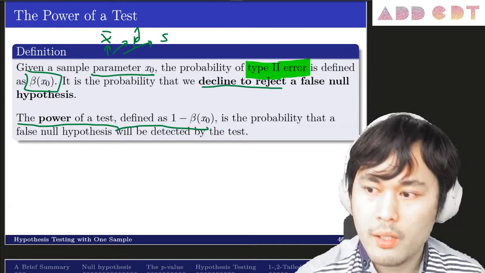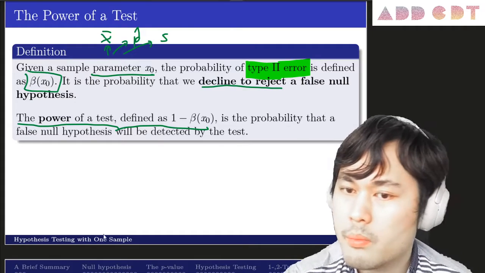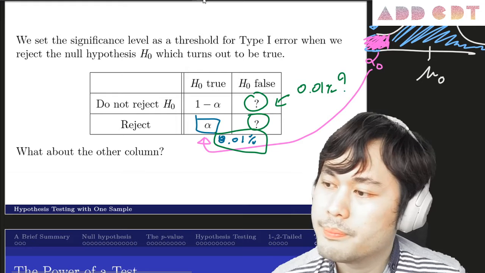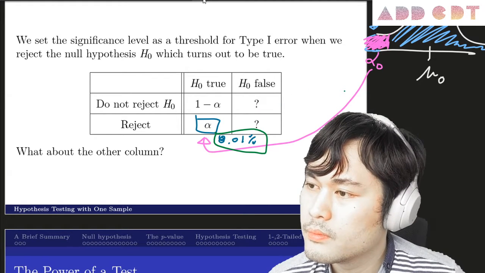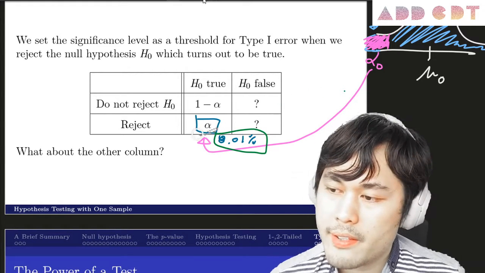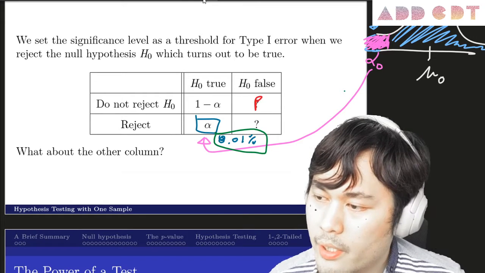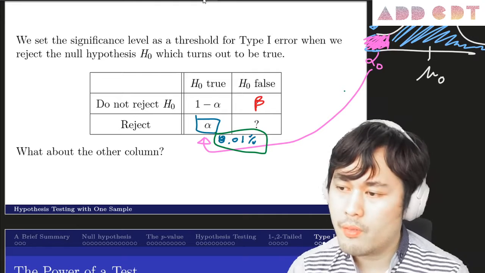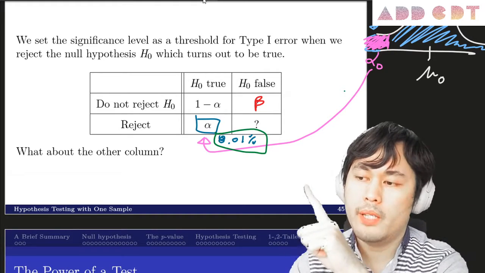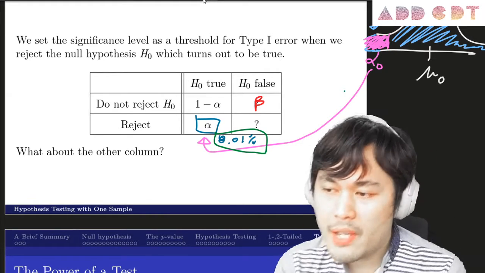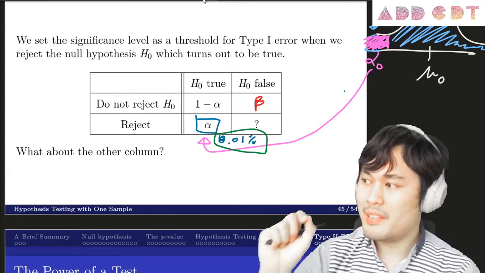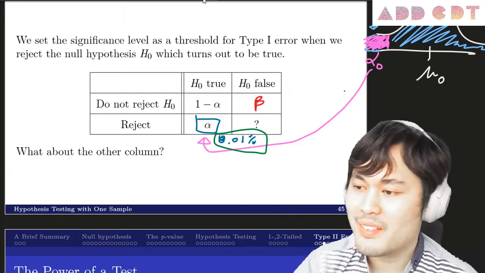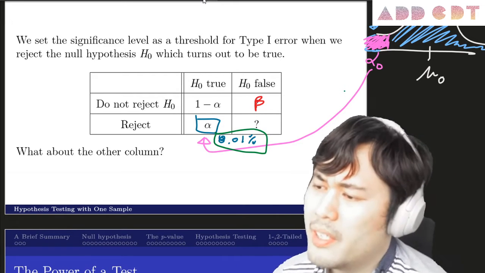Let's look at the note here. If we call that error alpha, the significance level, the other error is beta. But somehow this beta is not fixed. And this is the most confusing part of this topic. But let's just use whatever I come up with.